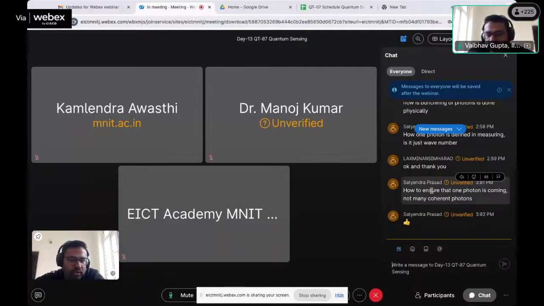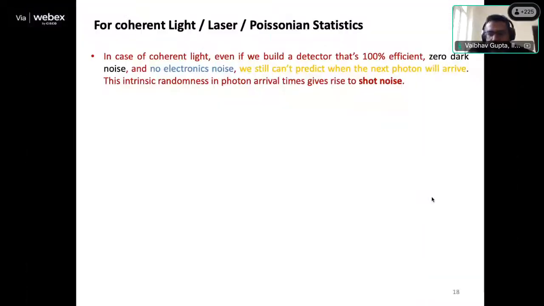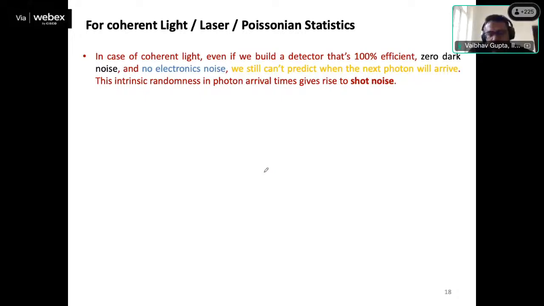How do you ensure that one photon is coming, not many coherent photons? This is what I said. In the HBT interferometer, if a coherent pulse is there, then the intervals will not be equally spaced. It will be something like this, and then this, and then this.